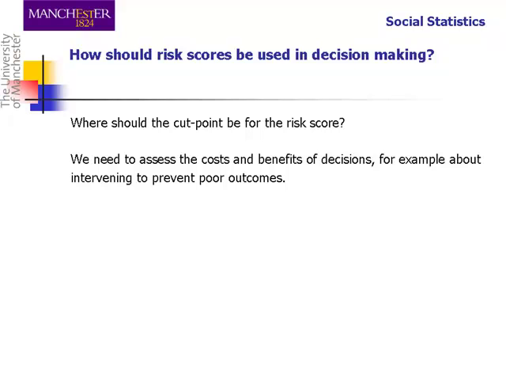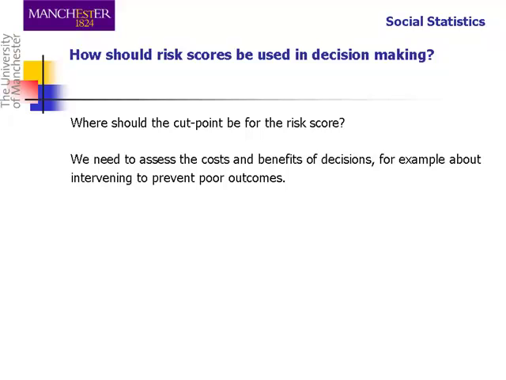In other words, does it matter if we set the threshold high and we miss some cases? Does it matter if we set the threshold low and we include cases that actually we didn't need to include in terms of outcome? And clearly that decision must depend on the costs of making a mistake.